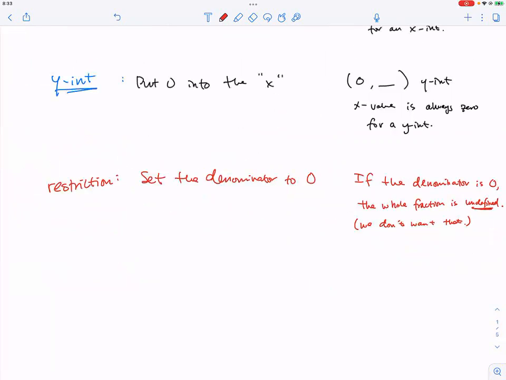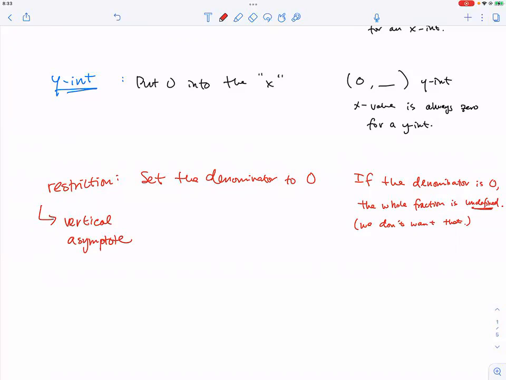And if you understand how to find restriction, then congratulations. This is also the way to find your vertical asymptote. So that's why for the past 2 days, when we were doing all these vertical asymptotes, we looked at the denominator and asked, what's the restriction?